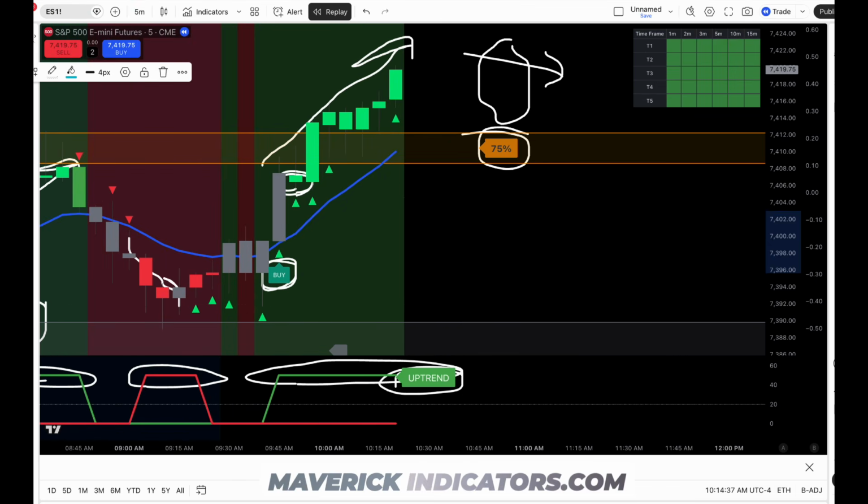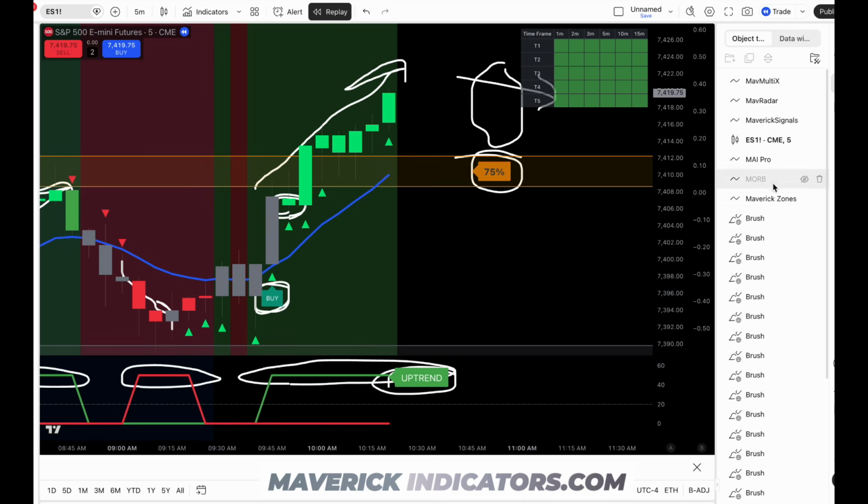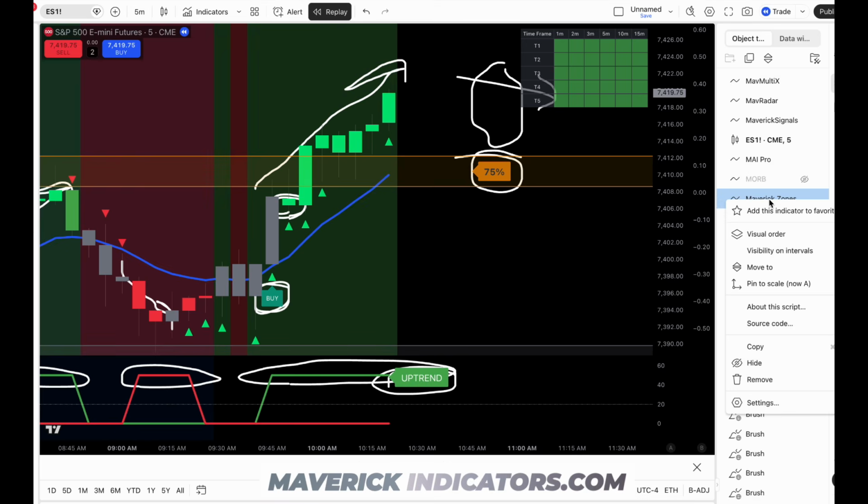So listen, if you want clear vision on your charts, if you want a little bit more X-ray vision on your charts and seeing the data underneath the hood, knowing where your highest probability zones are. By the way, I didn't even go through all the other zones. On the Maverick Zones, let's see here, settings.